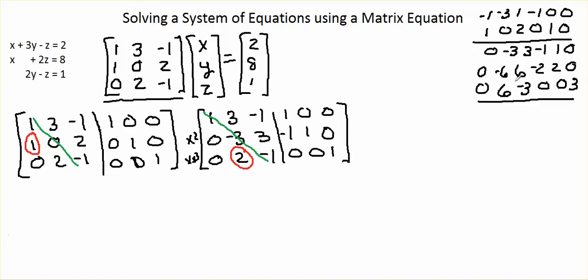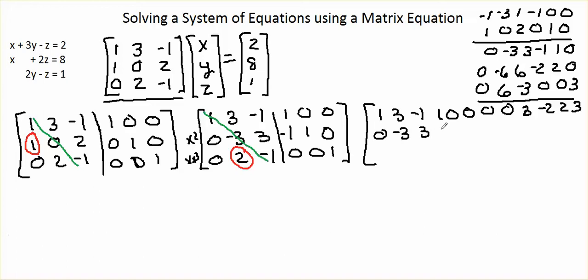Now those 6's cancel out, and we get a 0, a 0, a 3, a -2, a 2, and a 3. So let's go ahead and write our new matrix with our new row in it. And we're replacing our bottom row because that's the row that we needed to eliminate a number from.